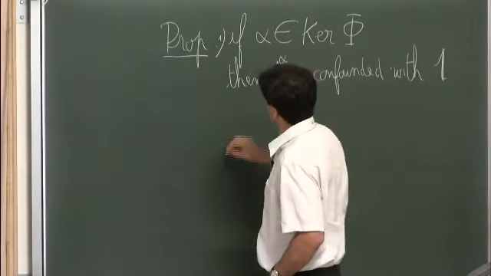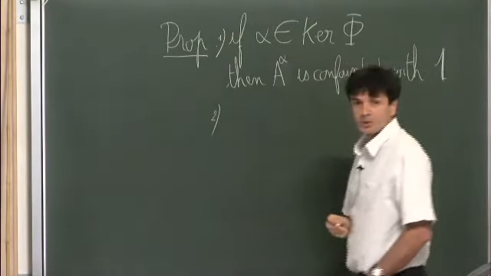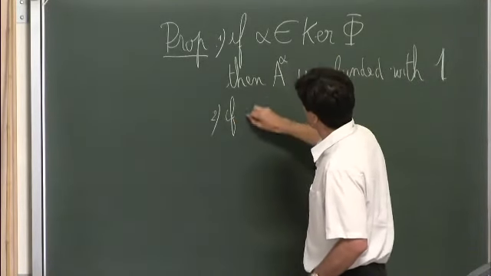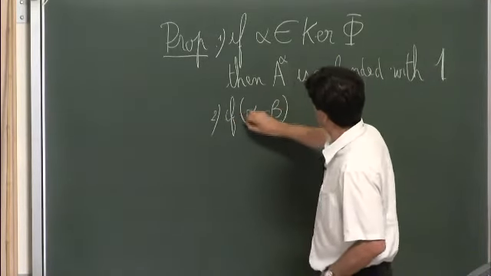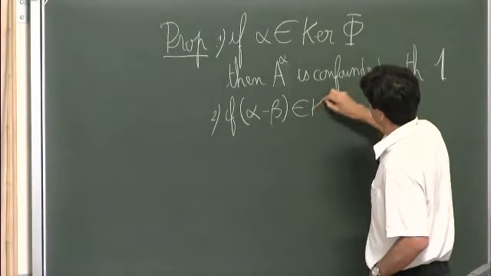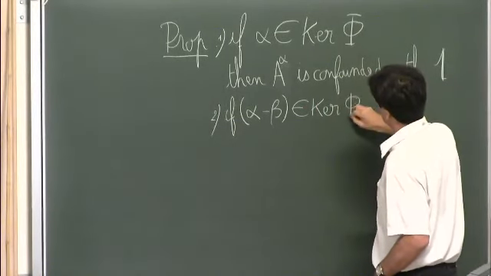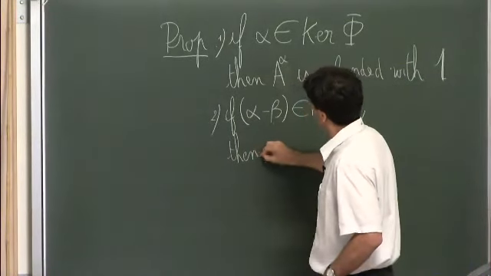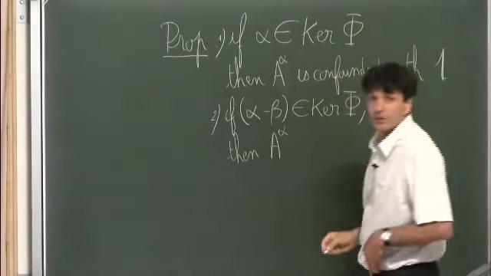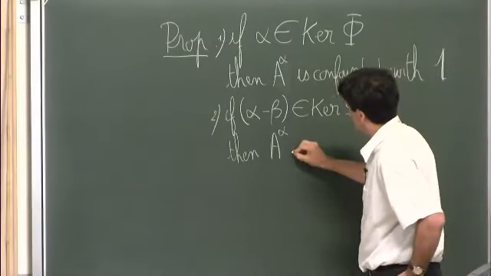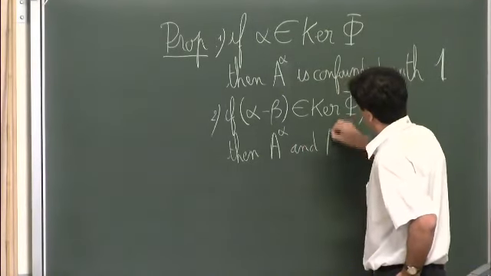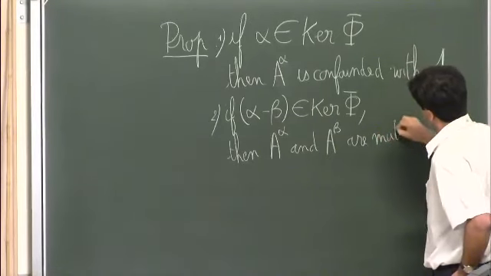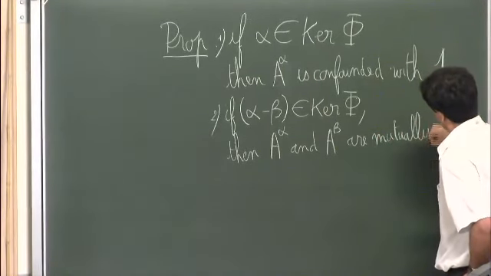This is the first part, and the second part is that if alpha minus beta, it is a consequence, belongs to the kernel of phi, then the factorial effects a to the power alpha and a to the power beta are mutually confounded.